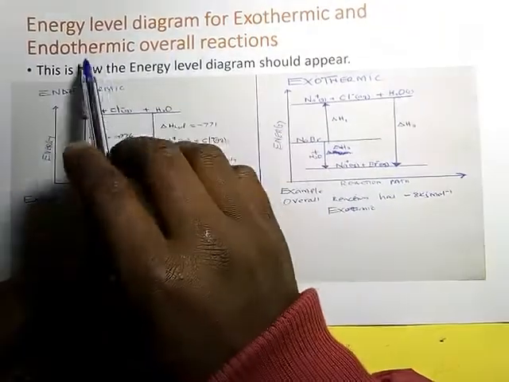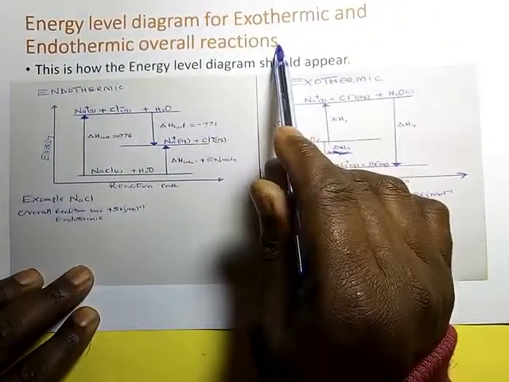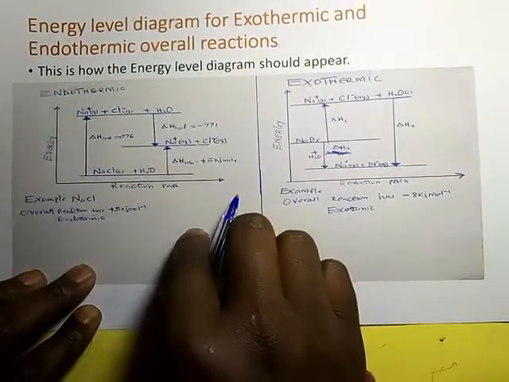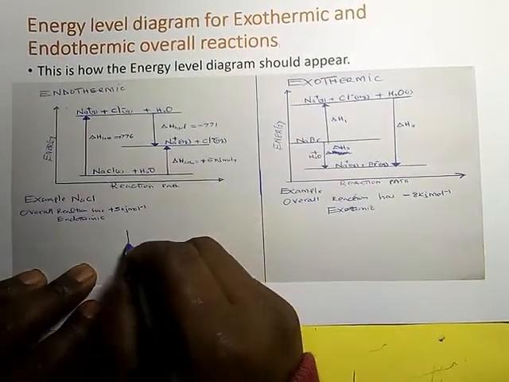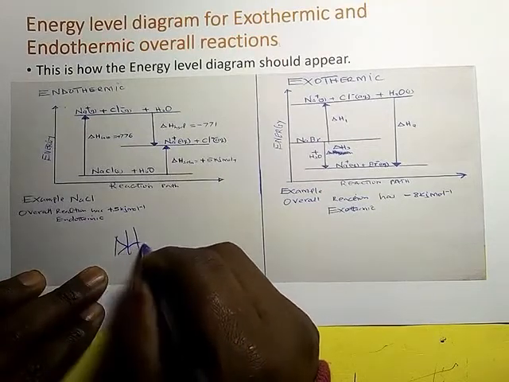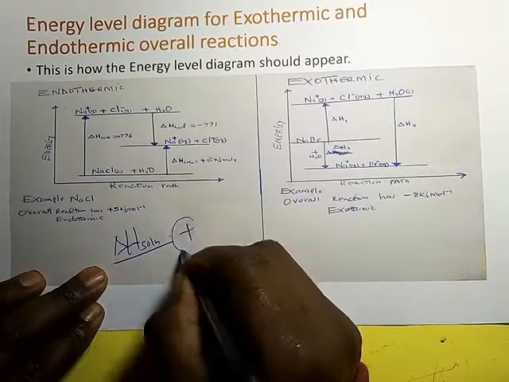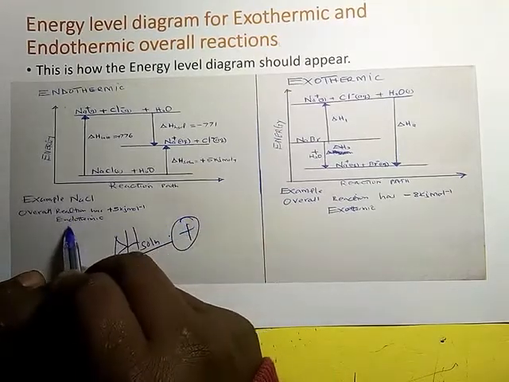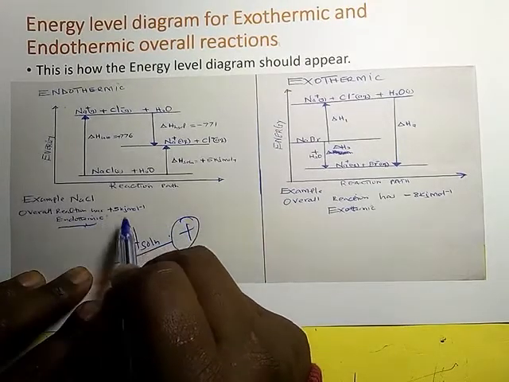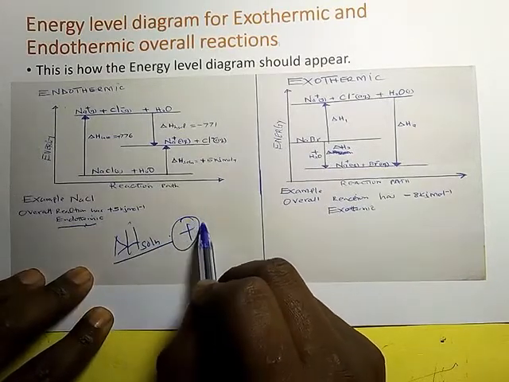Now I want to show you the energy level diagram for exothermic and endothermic overall reactions. If, after calculating the heat change of solution, your overall answer is positive, that reaction is endothermic. So how are you supposed to draw your energy level diagram?